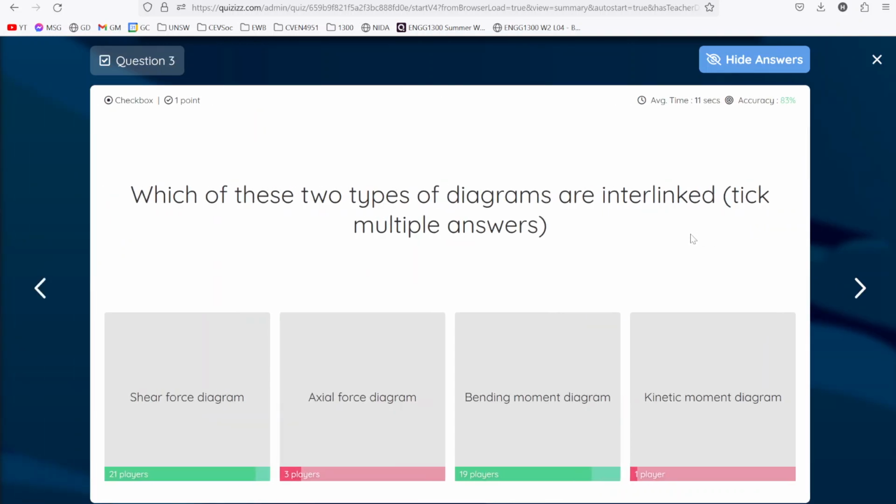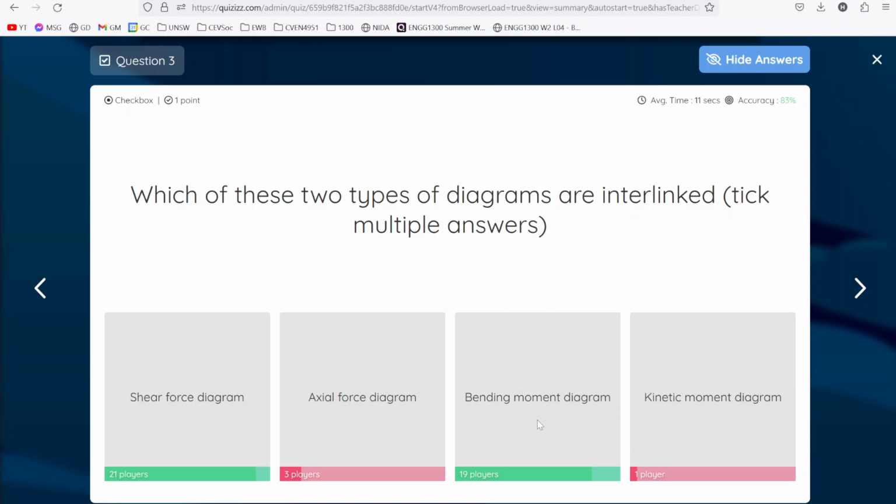So this question is, which of these two types of diagrams are interlinked? And then you take multiple of them. So the shear force diagram and the bending moment diagram are actually linked. I can explain a bit further when we're doing the questions on why.